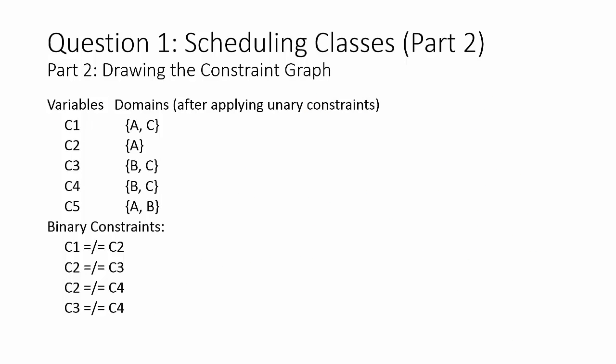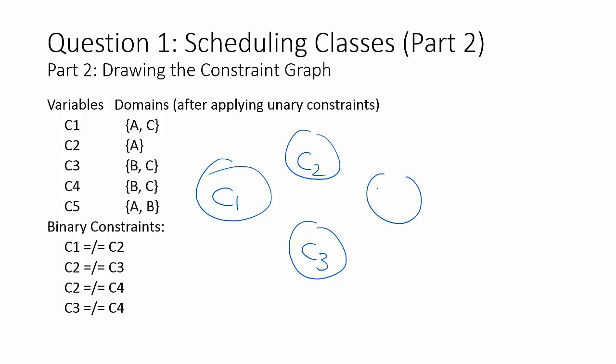Next, we're asked to draw a constraint graph for the CSP. We start off by drawing a node for each of our variables in the CSP, so that would be C1 to C5. And now we want to draw an edge connecting every pair of vertices that share some sort of constraint. Hence, let's process the binary constraints shown here in order.